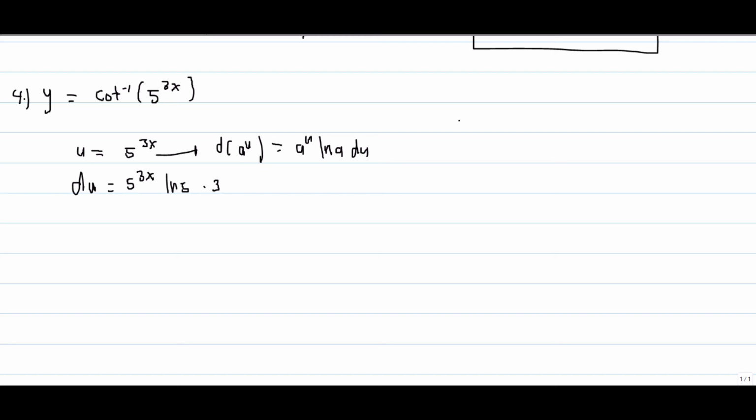So again, the formula for the derivative of cotangent inverse u is equal to negative du over 1 plus u squared.